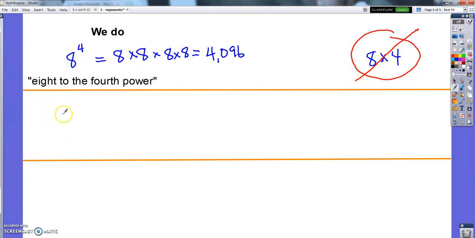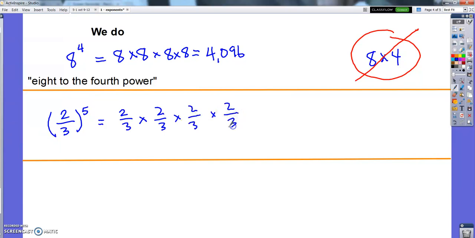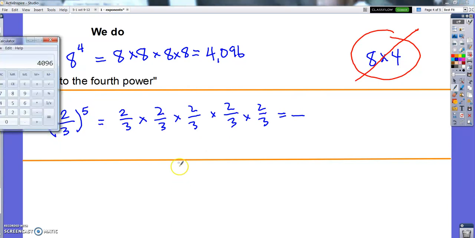How about a fraction? How about 2/3 to the 5th power? Going to be a doozy. So that's 2/3 times 2/3 times 2/3 times 2/3 times 2/3. I'm going to give my calculator some good exercise here today. My numerator is going to be 2 times 2 times 2 times 2 times 2.